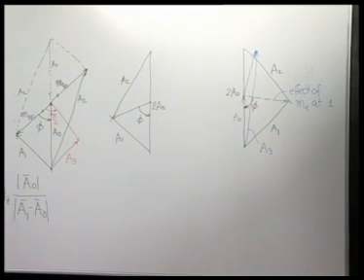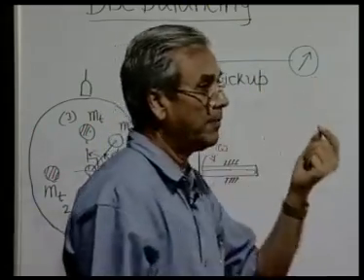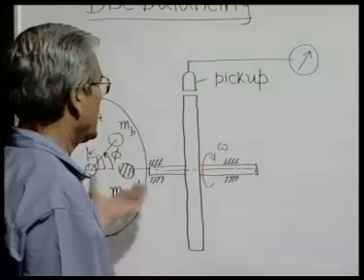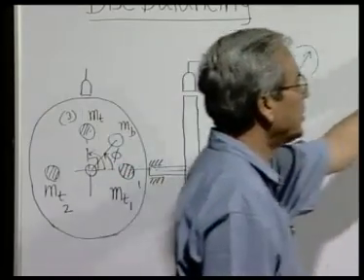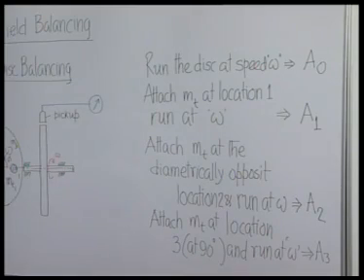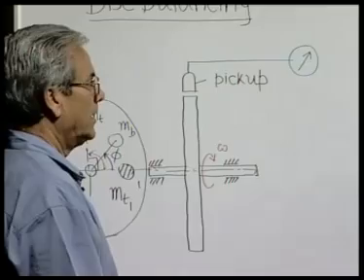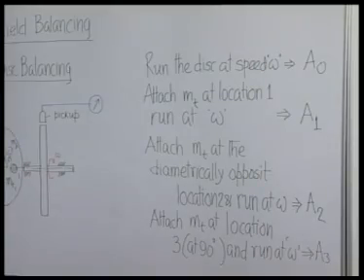So, you can see here that we do not need any sophisticated instrumentation, we only need a vibration pickup to give you the amplitude of vibration. Then run the system at some suitable speed, so that you get measurable vibration and the amplitude is A0. Then at some suitable location you attach a trial mass MT and run at the same speed, and get an amplitude of vibration A1.